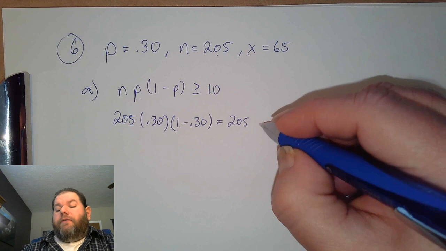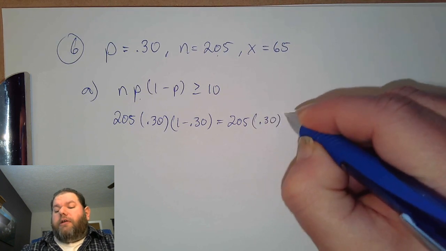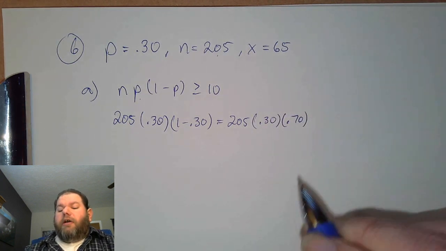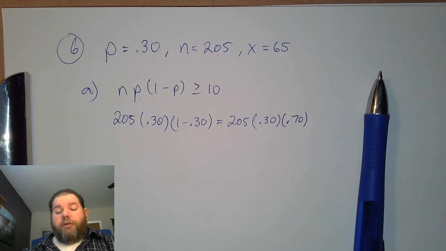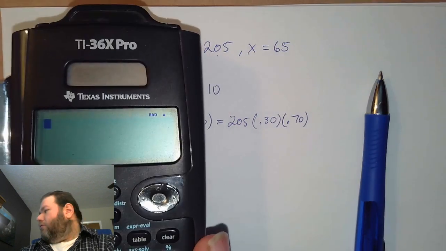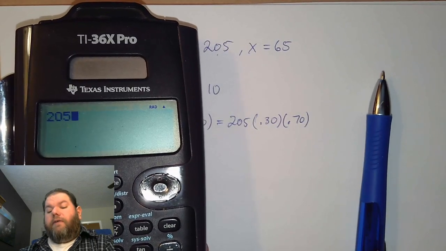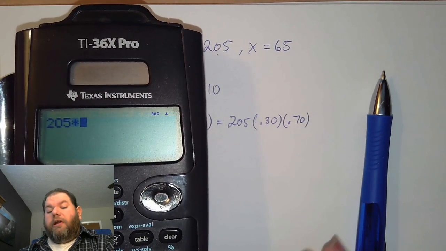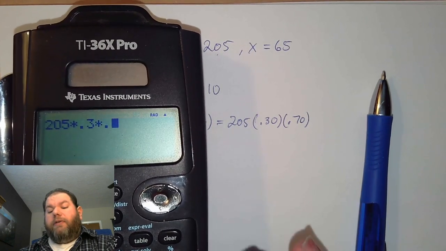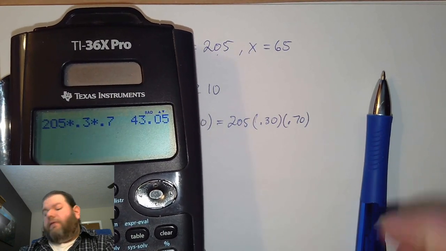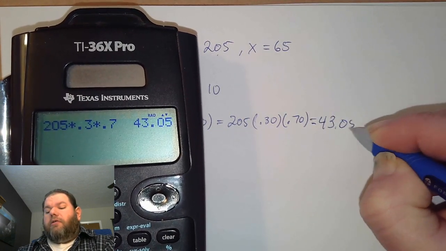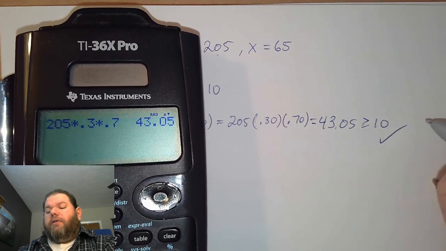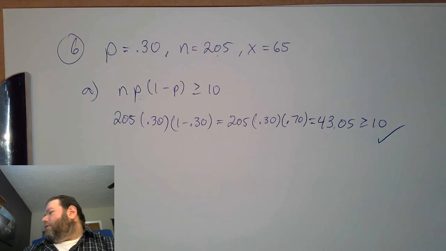So it's 205 times 0.30 times 0.70. And you can write 0.3 and 0.7, it's the same thing. But we'll go ahead and multiply those together. So 205 times 0.3 times 0.7 gives us 43.05. And that is greater than or equal to 10.